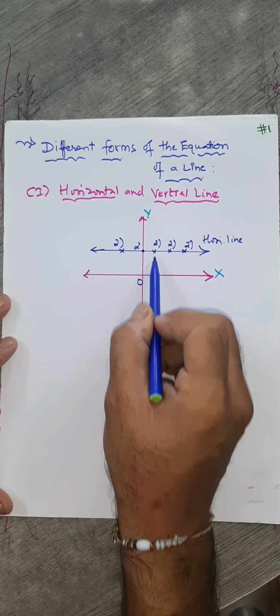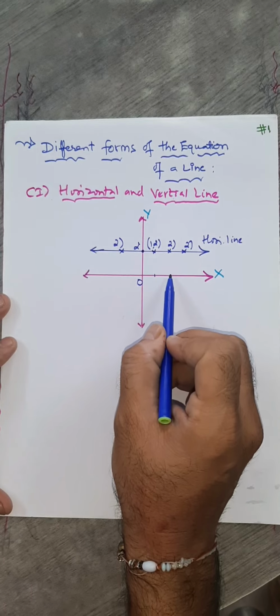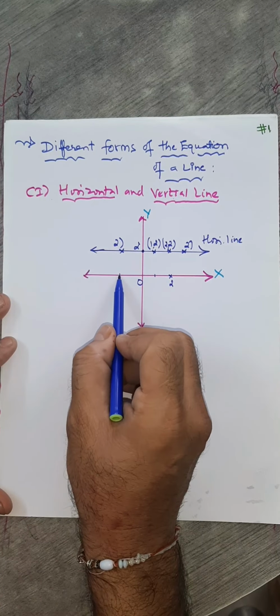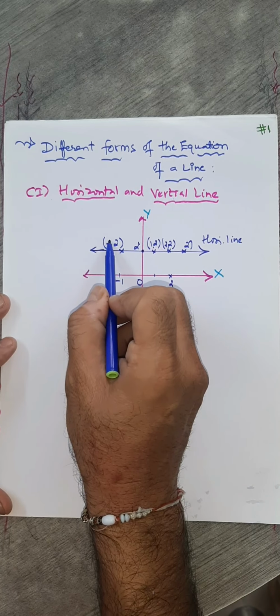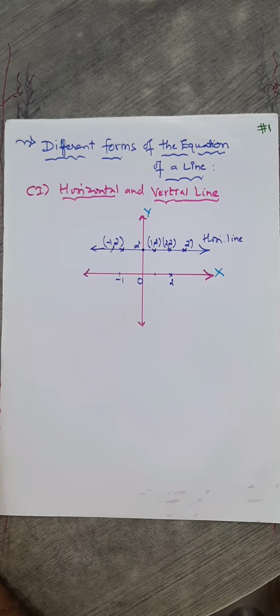If this is 1, then this will be (1, 2). If this is 2, then (2, 2). If this is minus 1, then (-1, 2). So on the horizontal line, everywhere the y coordinate remains the same.